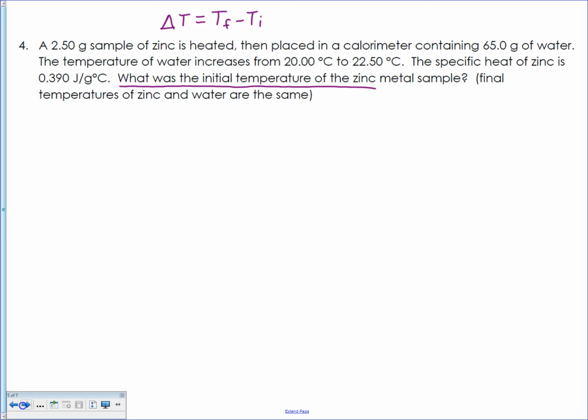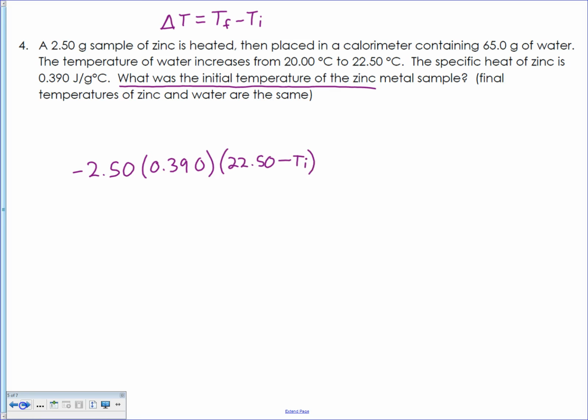If I set this up, I get negative 2.50 grams for the zinc, 0.390 is the specific heat. It's given to us in the problem. And then we know the final temperature of both of these is 22.50. And then minus Ti.